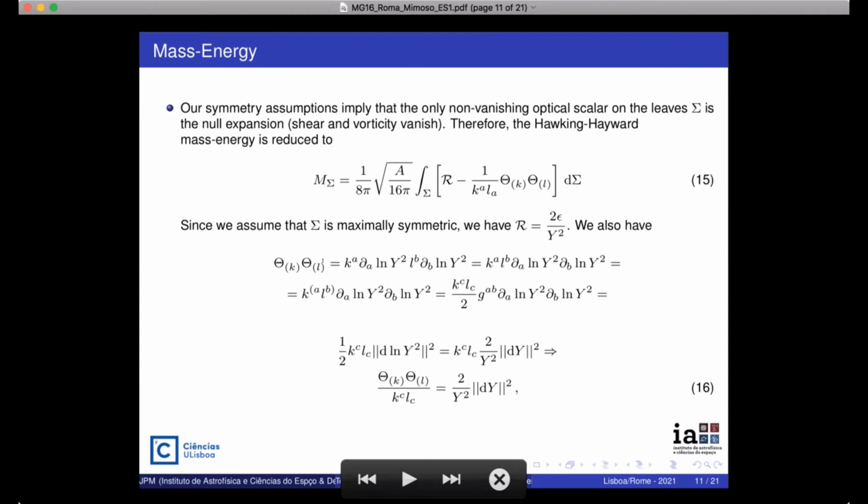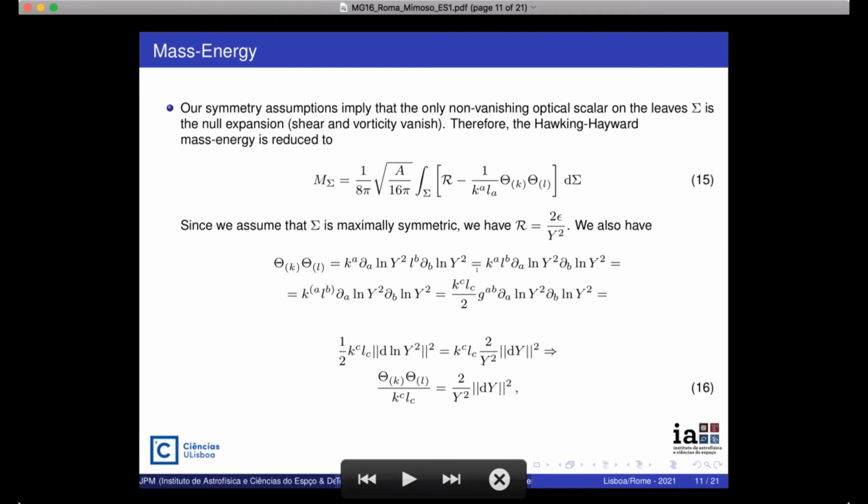And we realize that this second term, which is this product of the null expansions, is basically 2 over y squared times the square of the form dy.